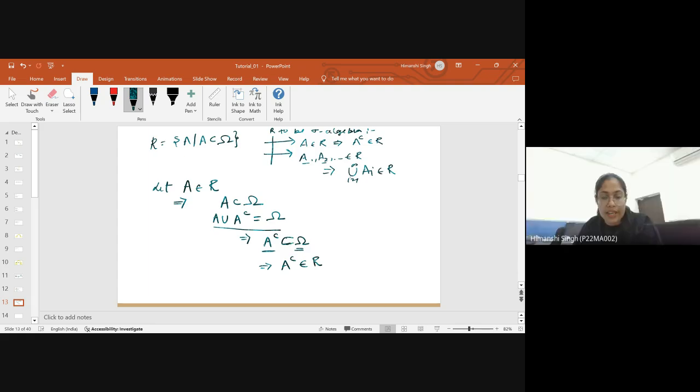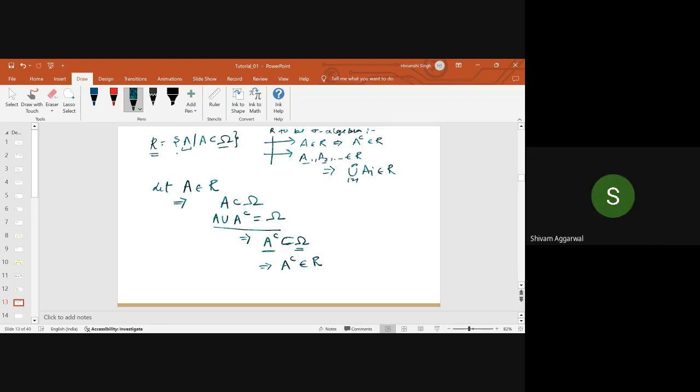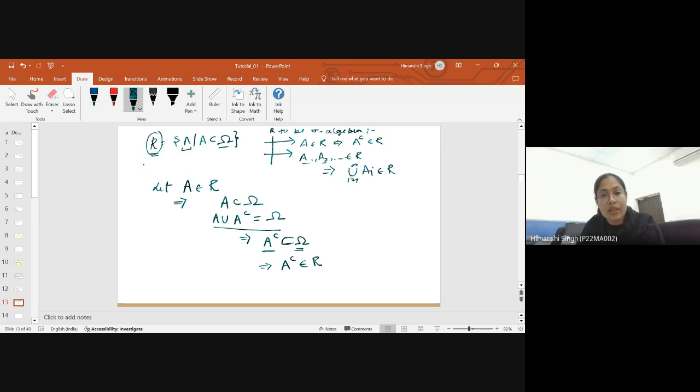No, see, A complement will be in R. We have defined R to be the set which contains all the subsets of omega. So I have already defined R like that. If R were another structure, maybe there would be a scenario where the complement may not belong to R. But in this scenario, R is a collection which contains all the subsets of omega. Since A complement is a subset of omega, by the definition of R, A complement will be in R. Okay. Yes.